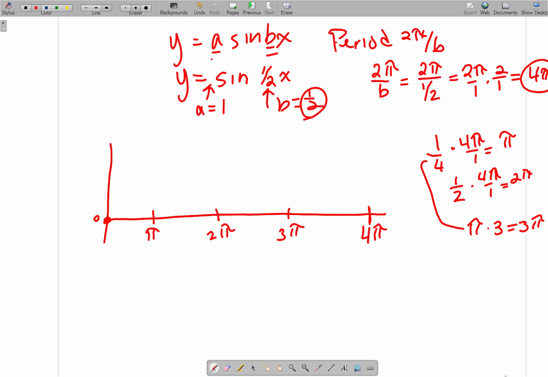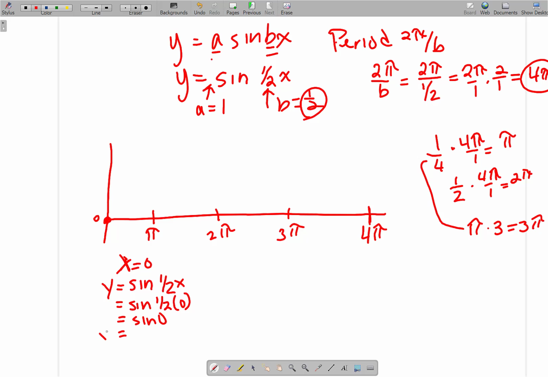We start at 0. So if x equals 0, and I'm putting it into y equals the sine of 1/2 x, I would have y equals the sine of 1/2 times 0, which equals the sine of 0.